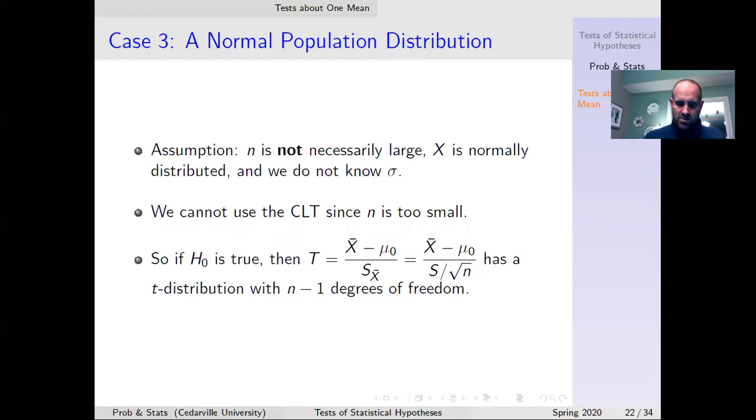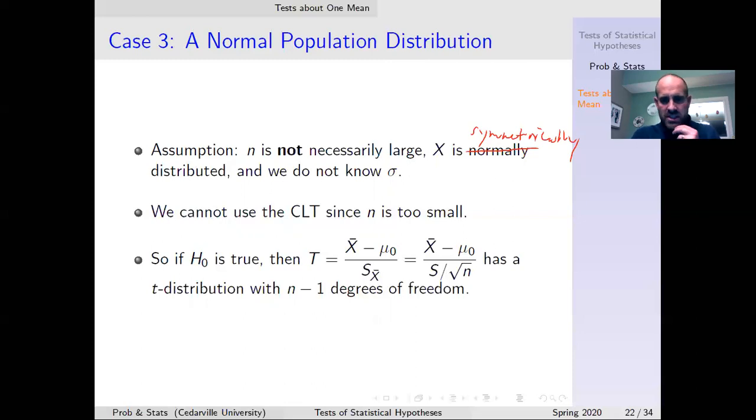You should just say symmetrical or something. Normally distributed isn't necessarily an assumption you have to make here. You're being very conservative because you're going to invoke the t distribution with n-1 degrees of freedom. You can't use the central limit theorem because n is too small.